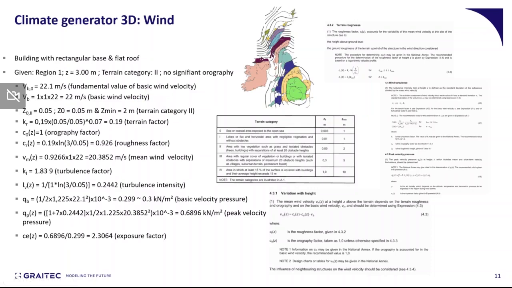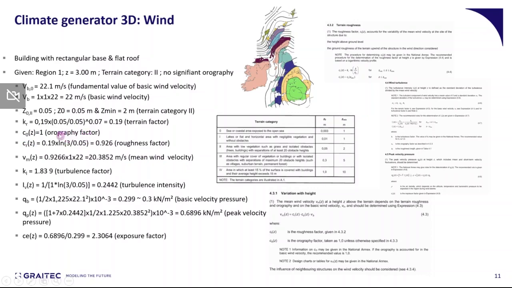The terrain category, which is in this case category 2, can be used in order to identify those parameters in the Eurocode from this particular table, and all those parameters are used in order to calculate the mean wind velocity. There are other parameters, the parameters C0 and CR.